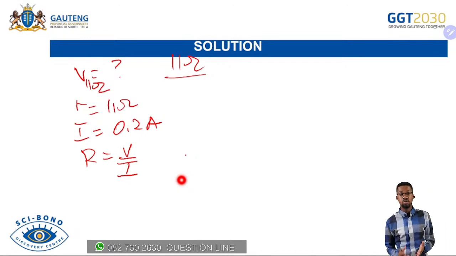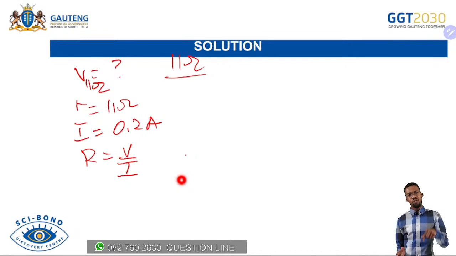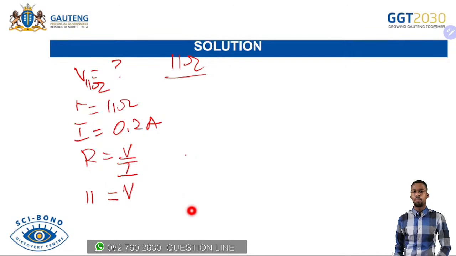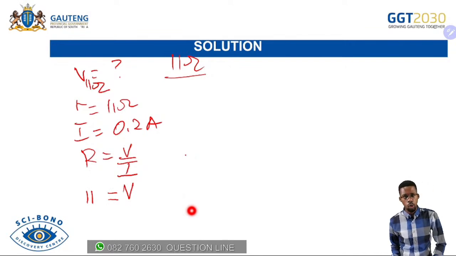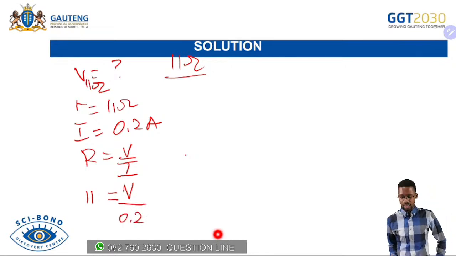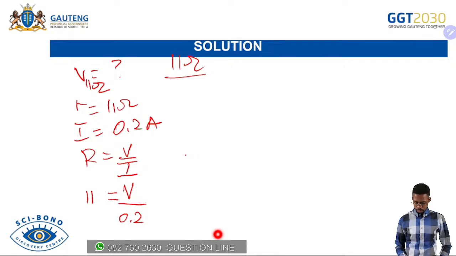For copying this formula, you get 1 mark, provided that you are going to substitute. So R is equal to V over I. What is our resistor? It's 11 ohms equals the potential difference across the 11 ohm resistor, divided by the current that passes through the 11 ohm resistor, which is 0.2.